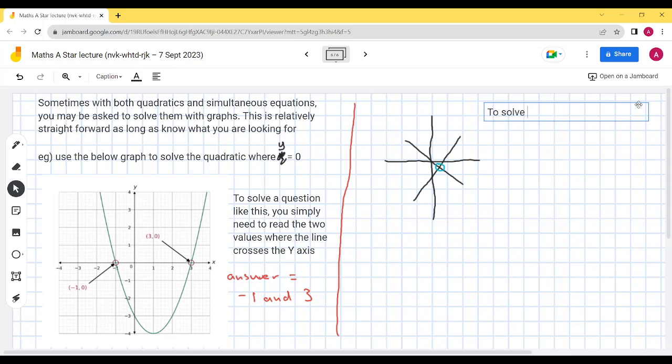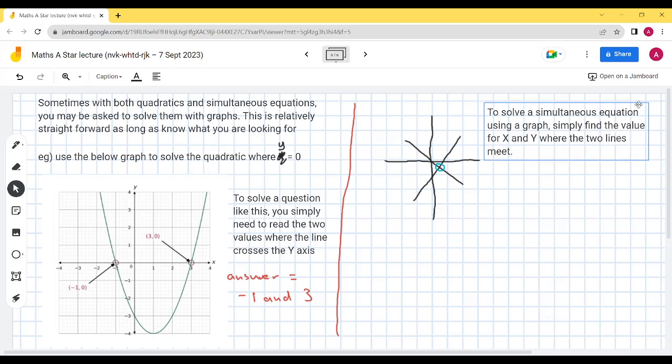But to solve a simultaneous equation using a graph, simply find the value for x and y where the two lines meet.